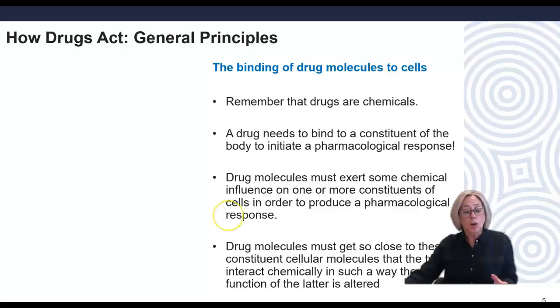And this means that drug molecules, or these chemicals, must get so close to these constituent cellular molecules that there's a chemical interaction between the two in such a way that the constituent cellular molecules are altered, their function is altered. Okay, so as I said, that's a bit wordy.